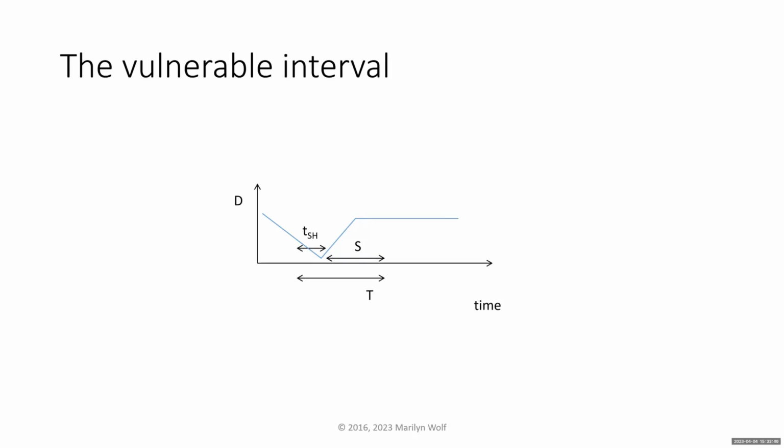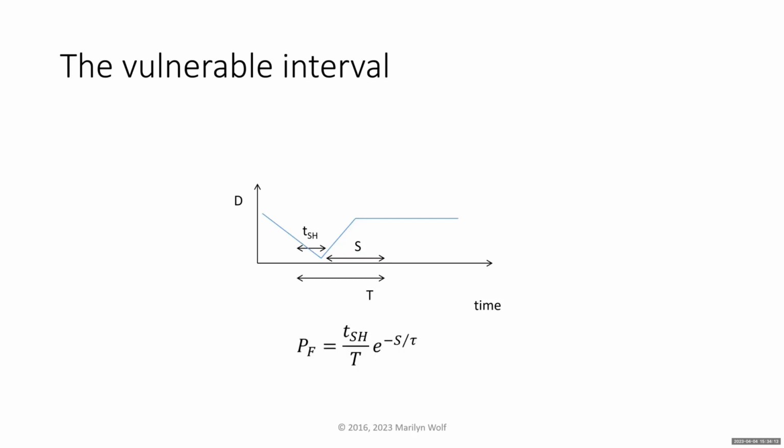Then we have some settling time, S, for the amount of time it's going to take for the register to actually assume its final value. The total time, the setup and hold time and the settling time, we'll call T.